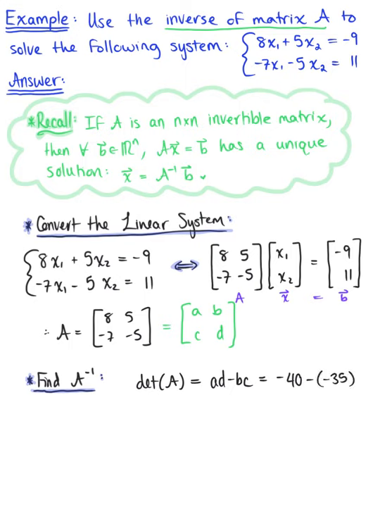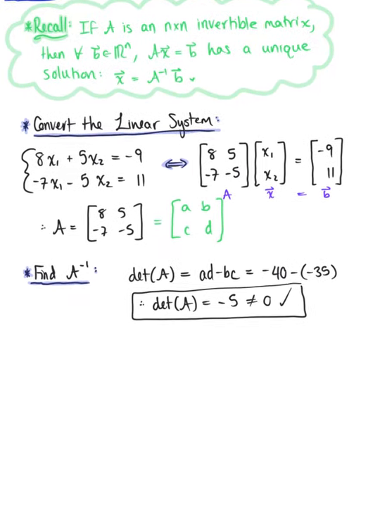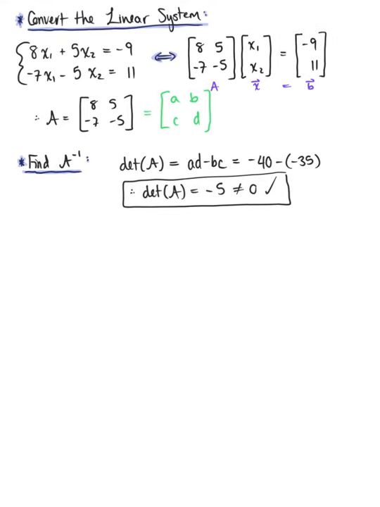So we have negative 40 plus 35. And so the determinant of matrix A is equal to negative 5, which does not equal 0. So we know that matrix A is invertible, meaning that we can use that 2 by 2 definition to find the inverse of this matrix, and then use that to find the solution x.